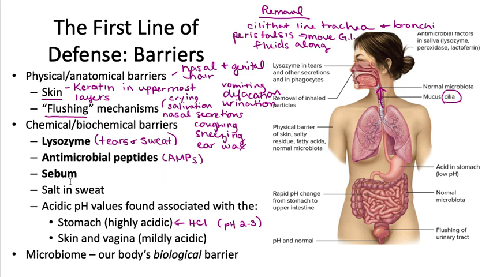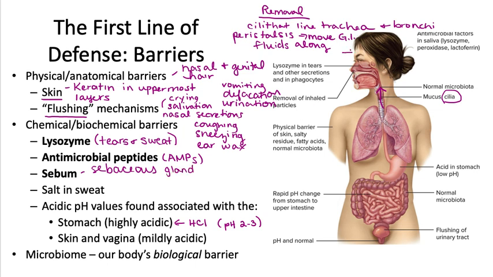Okay, sebum is a lipidy chemical secreted by the sebaceous glands. This one is not in your book, but I'm going to list it here anyway. Sebaceous glands are often found in the forehead.